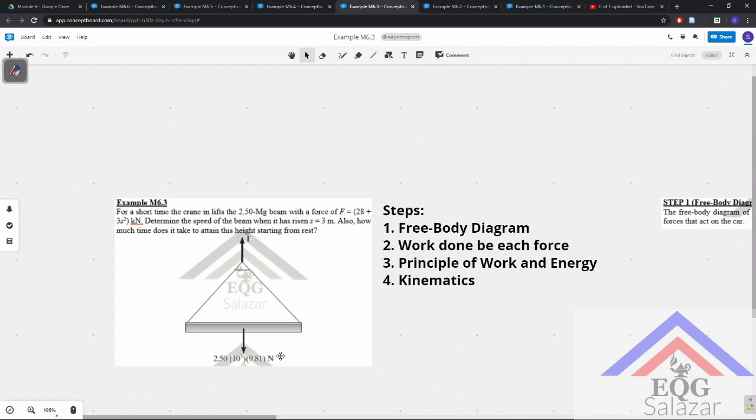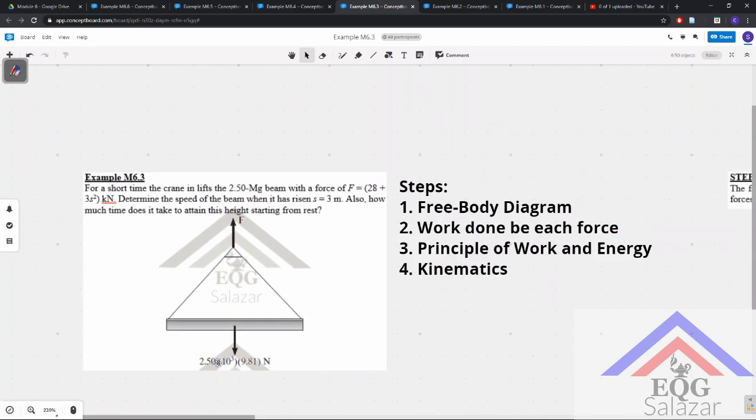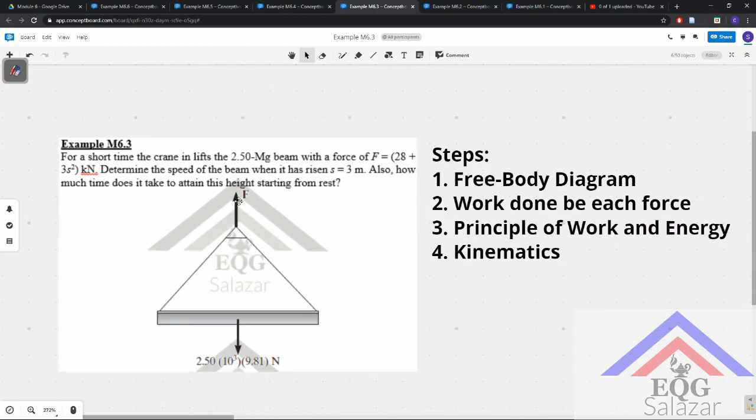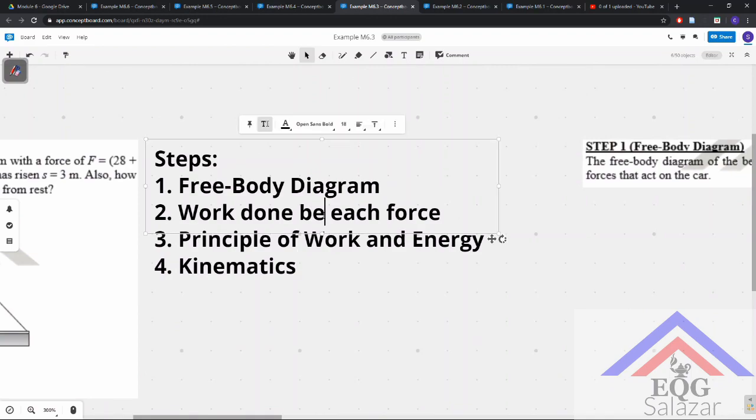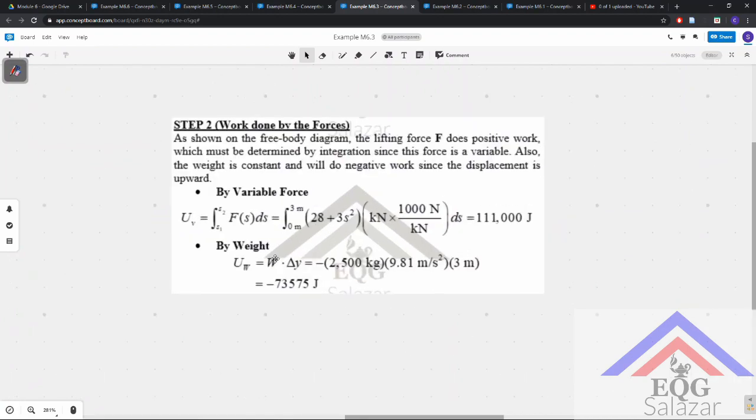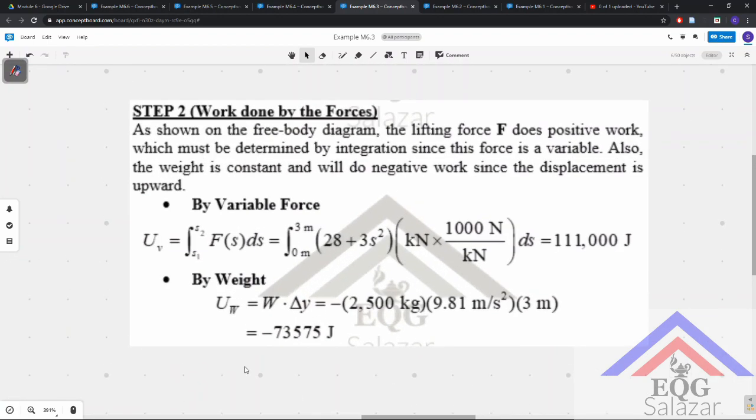Since we have the free body diagram and we know the forces acting on it, which are the variable force and the weight, we can calculate the work done by each force. For the variable force, since our force changes with respect to s, we have to integrate with respect to s as well.